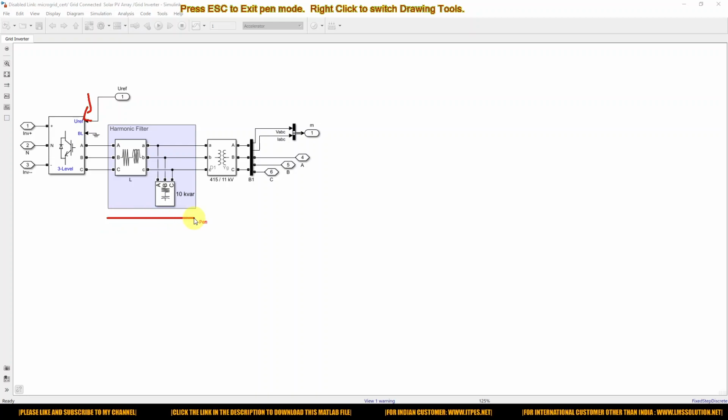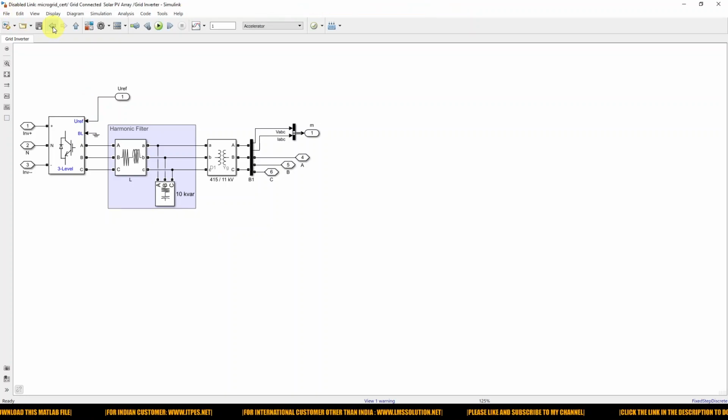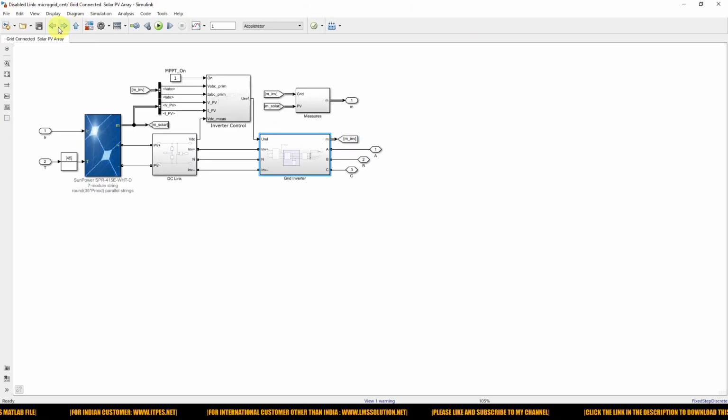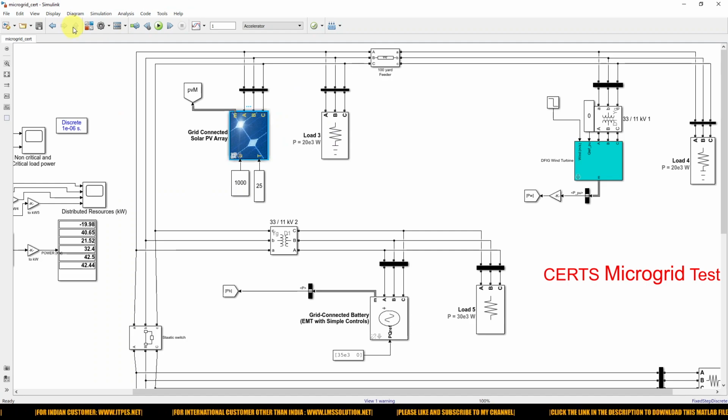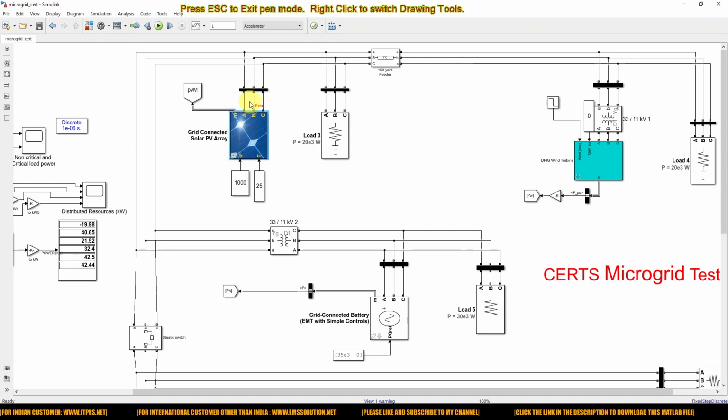Then you have to use a harmonic filter to filter the harmonics present on the inverter output side, and then use a step up transformer to step up from 415 volt to 11 kilovolt. Finally, the output of this grid connected solar system is connected with this feeder.